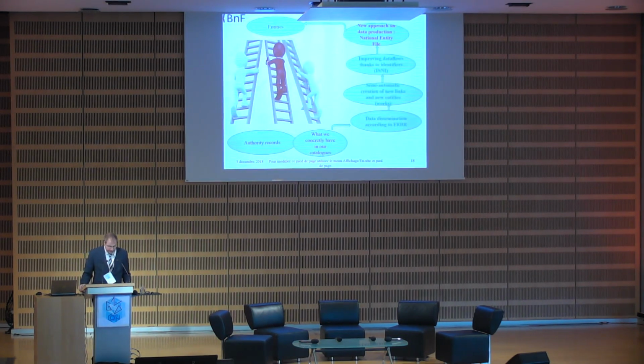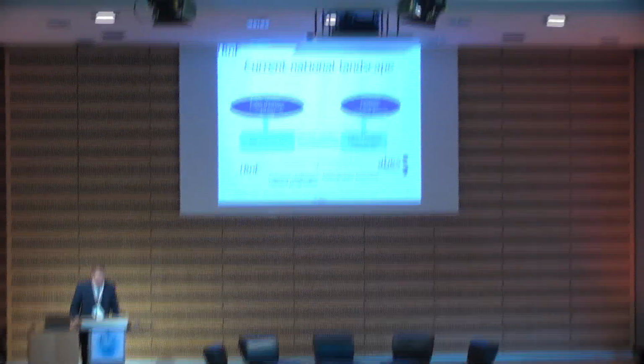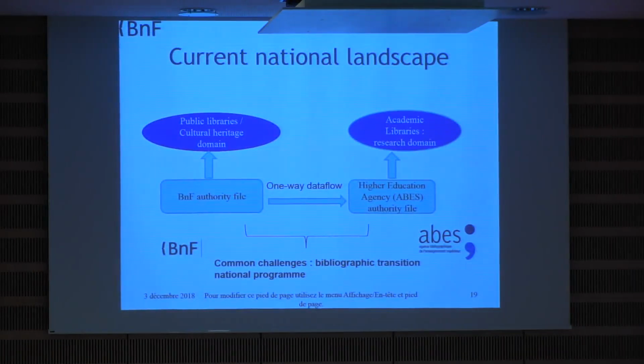And the next step to reach our goal of creating entities is to develop a national entity file. For this, we are very interested in the experiences you have in Germany with GND. We have in France a very special landscape, as usually in France.